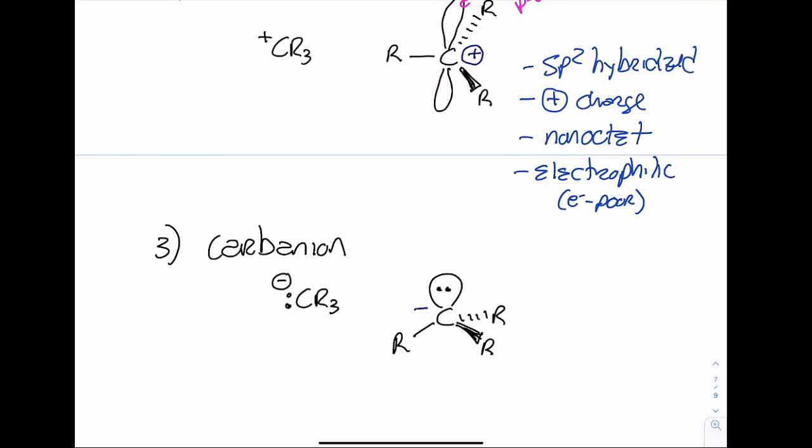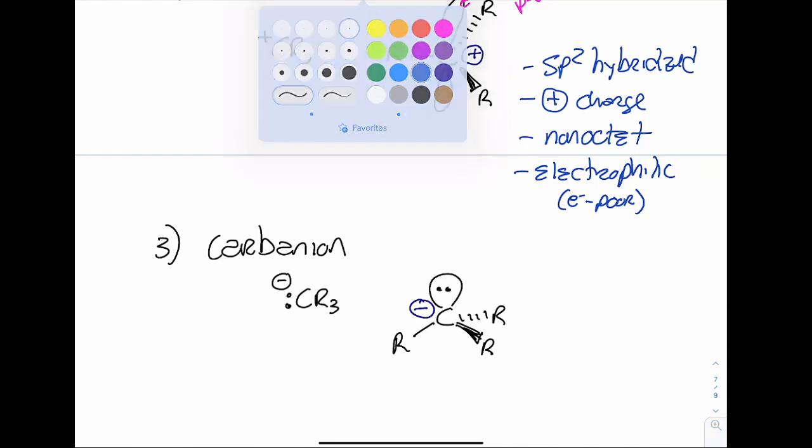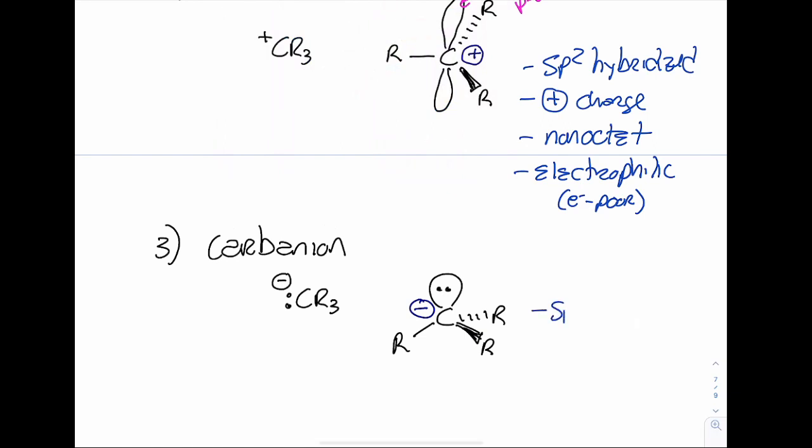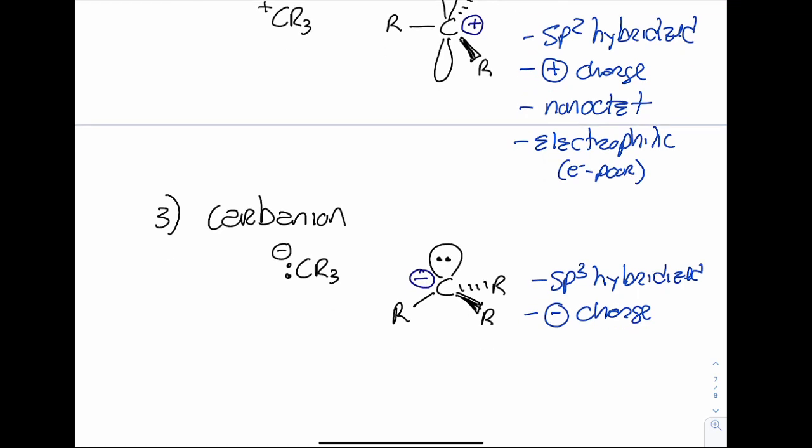I do have a formal negative charge on that carbon. So sp3, it has a formal negative charge. It is octet, right? That is an octet carbon, but I do have a negative charge on a not very electronegative atom, and that's what makes this unstable.